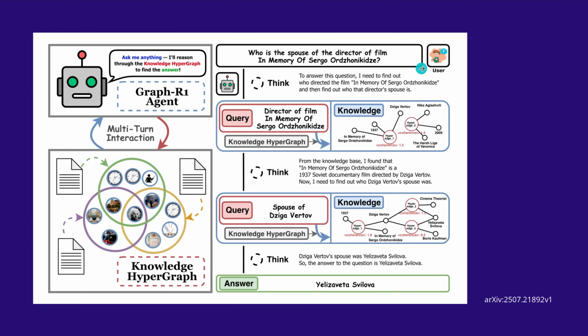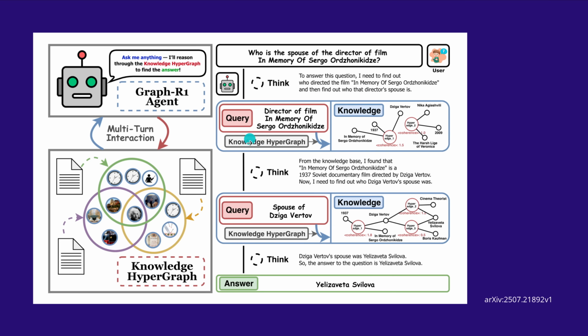And then let's say the user has a simple task. Hey, who is the spouse of the director of the film In Memory of Sergio somebody? So you see, you need more than one simple run here to a RAG system because you have here multiple links. And the agent now thinks, hey, to answer this, I need to find out who directed the film and then find out who is the director's spouse.